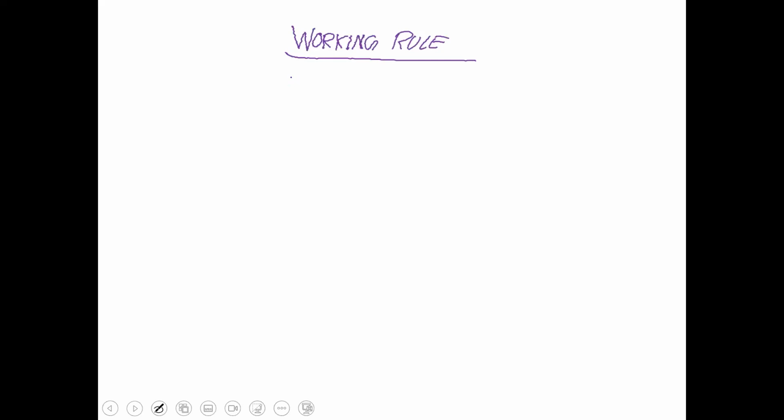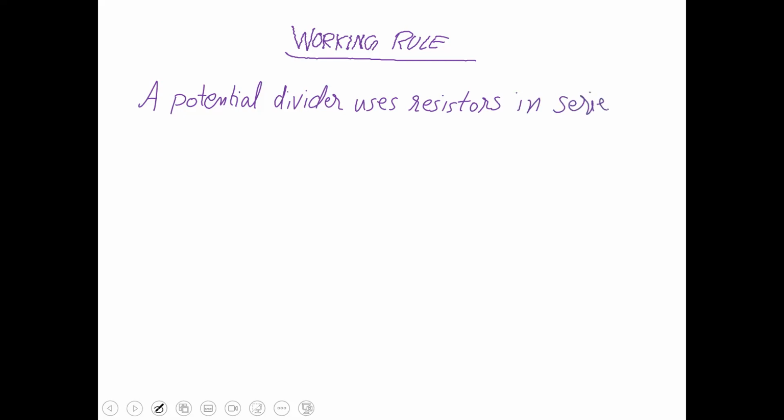Now, give a side heading, working rule. Write under it: a potential divider uses resistors in series.